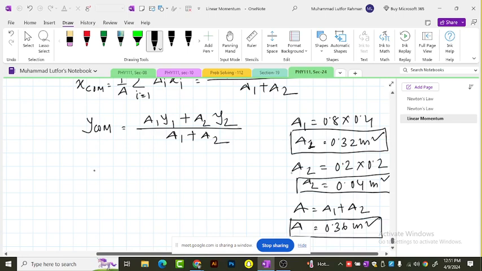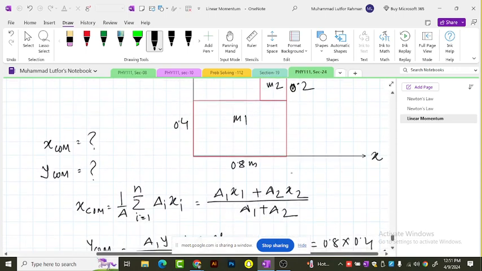Now I need to find out x1 and x2 and y1 and also y2. Remember, x1 and y1 are basically the center of mass of this bigger object. Where would it be the center of mass?